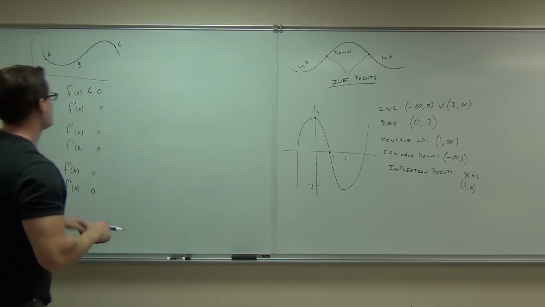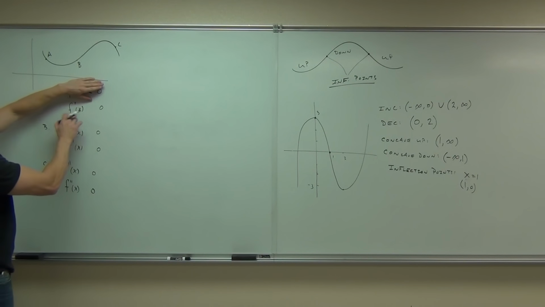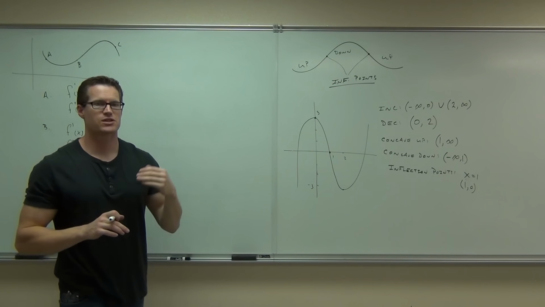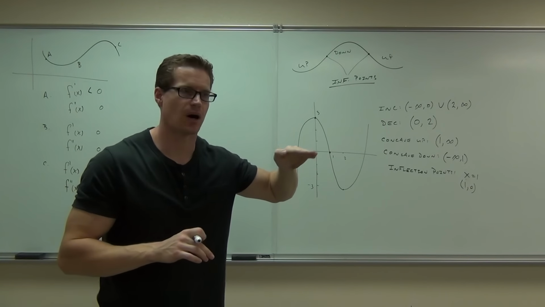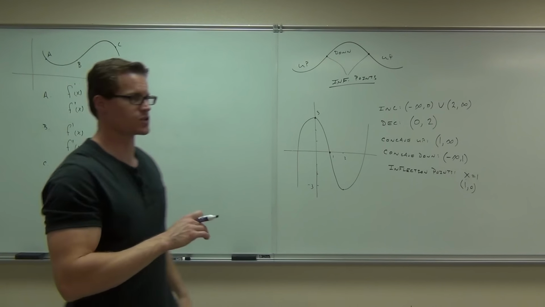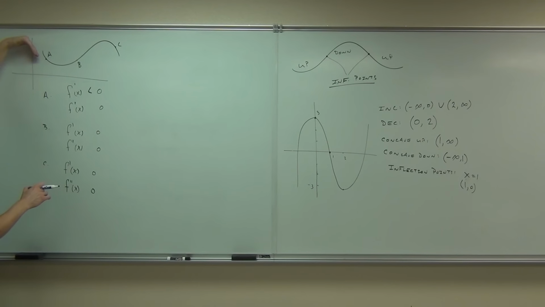Now, let's think about the second derivative. At the point A, the second derivative says whether my slope is changing positively or negatively. Either my slope is increasing or my slope is decreasing. So think about this. Is my slope getting gradually bigger or getting gradually smaller? So then my slope is increasing.